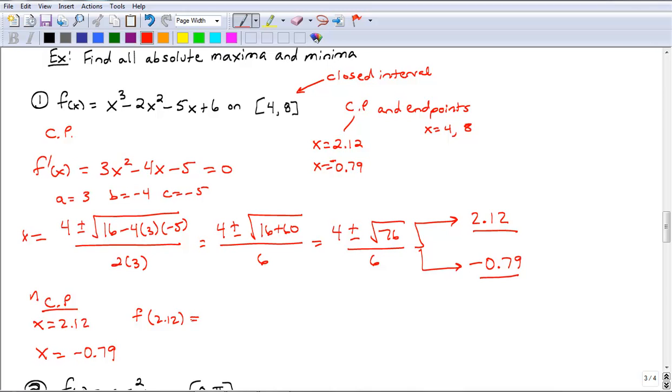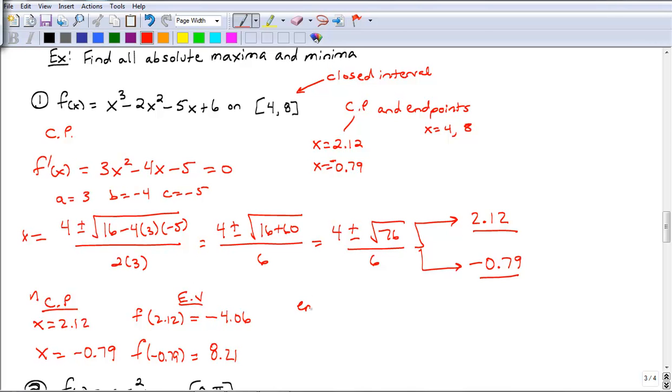That y value is negative 4.06. Then I plug in negative 0.79. When I do that, I get 8.21. These are possible extreme values.